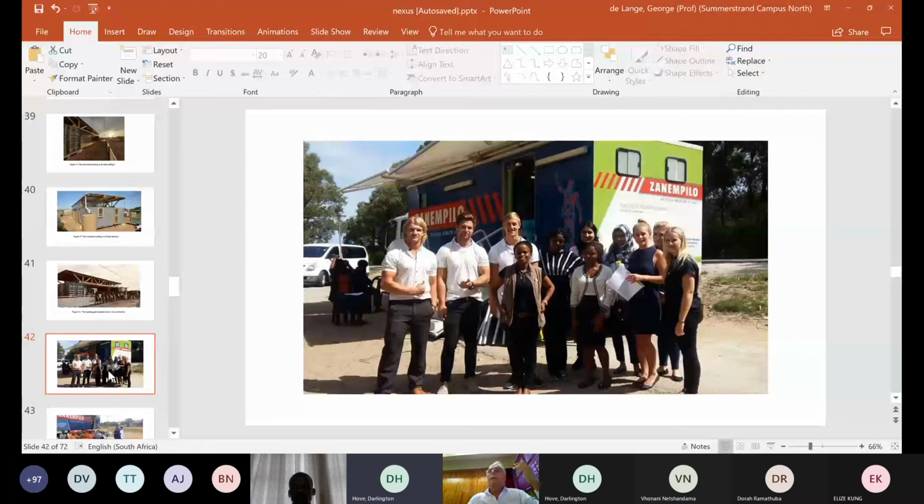The other project that I want to mention is our Zanapelo health truck. It's an innovative off-campus engaged teaching platform. It involves nursing, social development, psychology, pharmacy, dietetics, and human movement sciences.